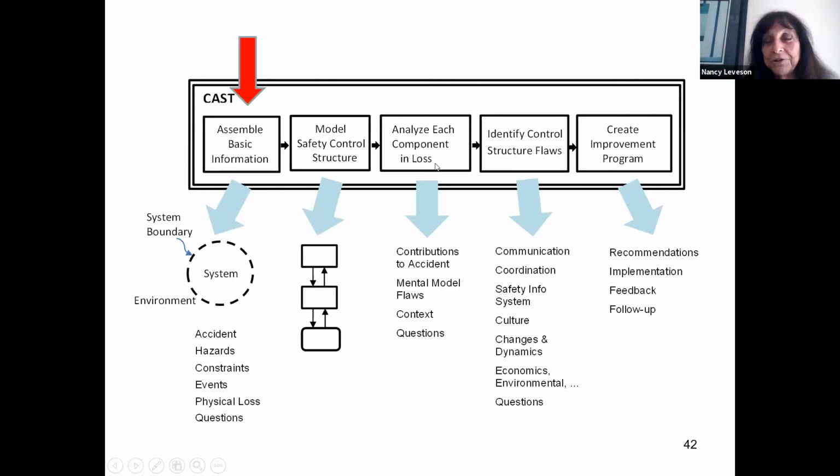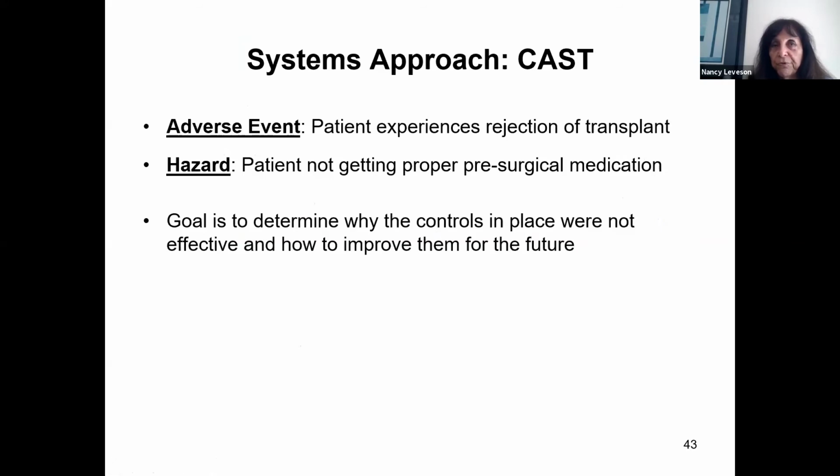You'll find the ones that you need to add. Identify the flaws in the entire safety control structure. We started by looking at each individual component. What about all things that are systemic or endemic for the whole safety control structure, and then create an improvement program. So let's go through those steps for this one.